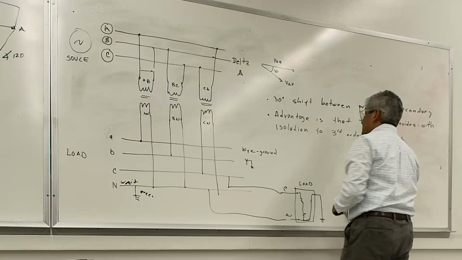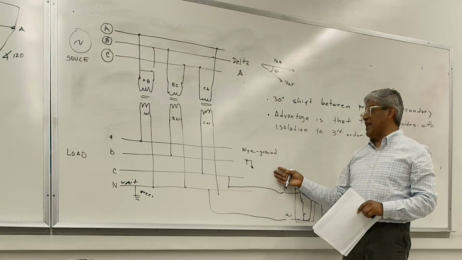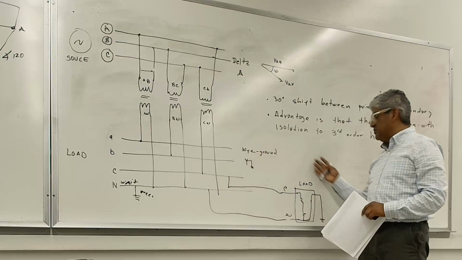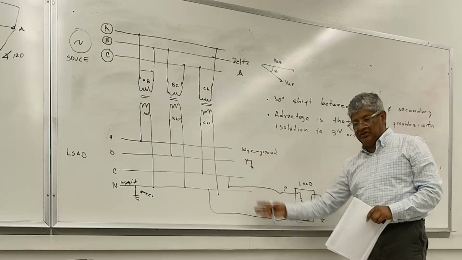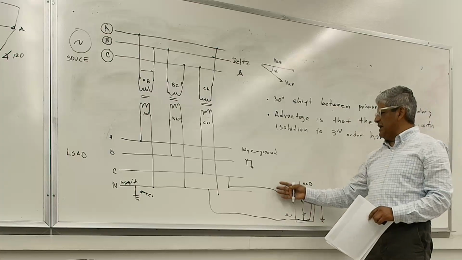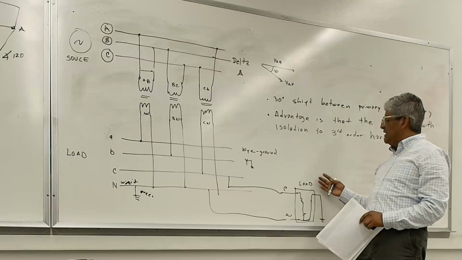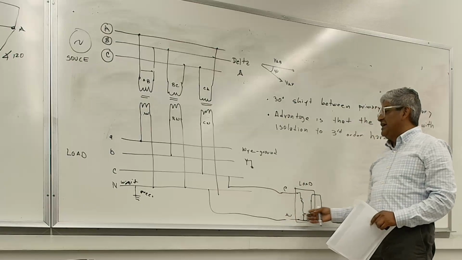That's a big advantage of delta Y or Y delta when you have this transformation, because say, for instance, you have customers right here who happen to have lots of nonlinear load, and they actually require third harmonics to function.